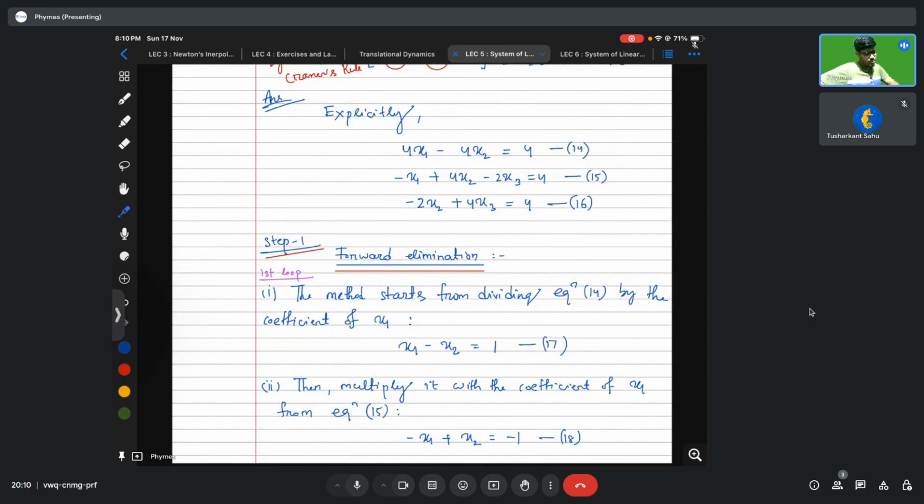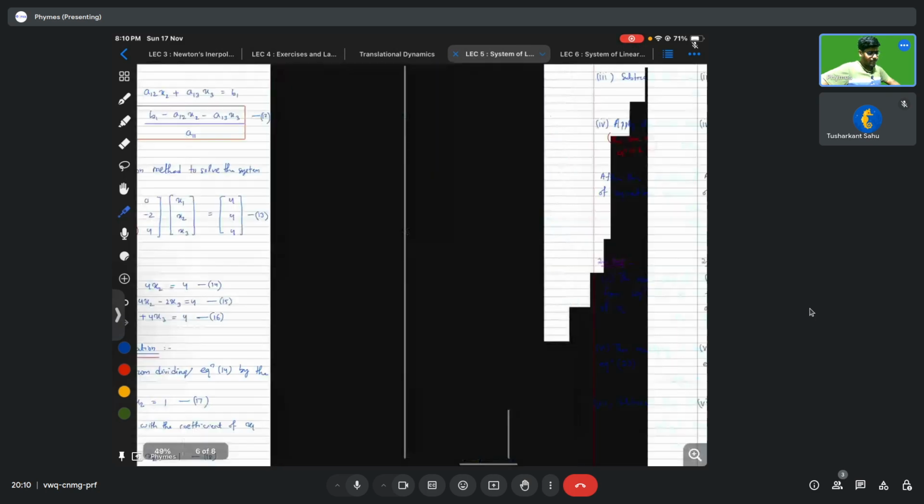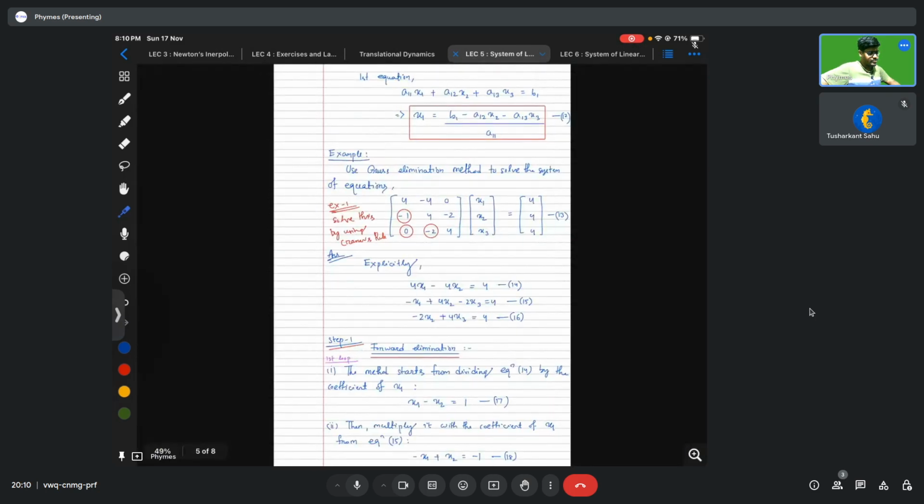What was the coefficient of x1? It was 4. Now if all the diagonal elements are 0, then you cannot divide 0 throughout this equation, right? That is why if these elements are 0, then this method is not suitable, right?